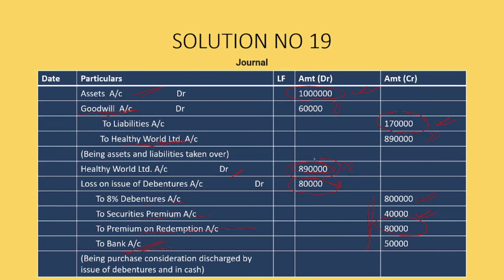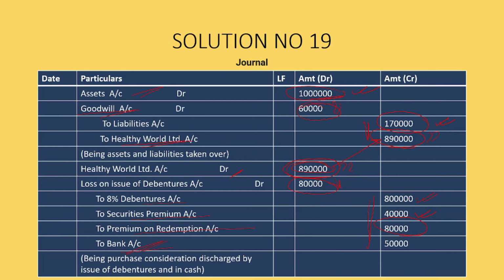So by subtracting, we get this figure as 8,90,000. We will then write it back over here as 8,90,000, and we will get a total over here, and we will subtract it and get this figure, that is 60,000. So the net journal entries will be: assets account debit 10 lakhs, goodwill account debit 60,000, to liabilities 1,70,000, to Healthy World Limited account 8,90,000.